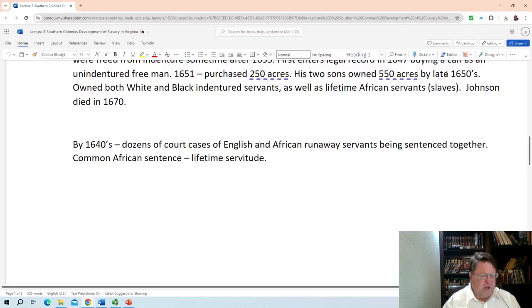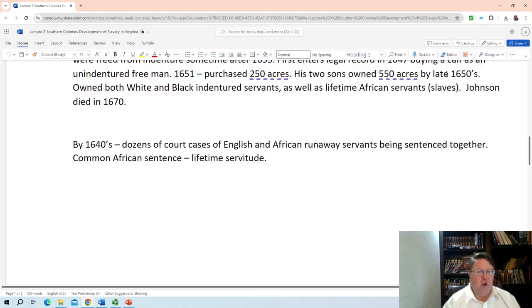Another interesting thing about this ambiguity of Africans in the early 1600s is that the judge sentencing Africans to lifetime servitude tells you something. If an African American or an African during this time were already considered a lifetime servant or slave, there would be no reason for the judge to sentence them to that. You get it?